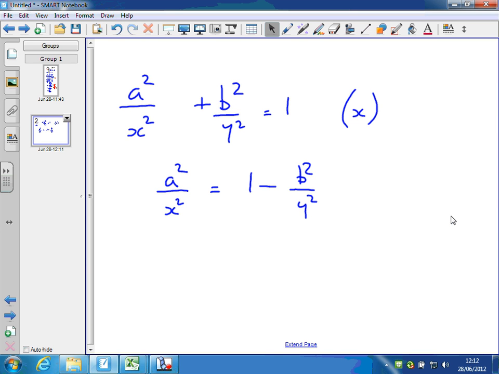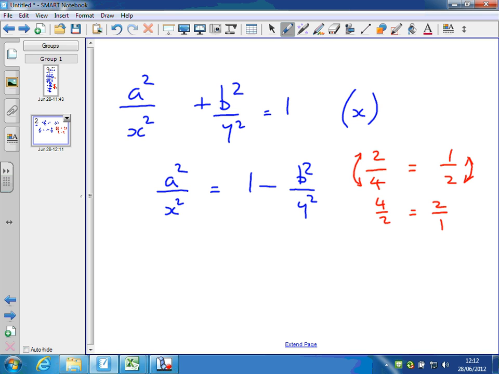Now, at this point, we need to think of another little algebraic method that we can use. So to show this works, if I have a fraction on one side, say 2 quarters equals a half, if I invert both sides, then I get 4 over 2 equals 2 over 1.